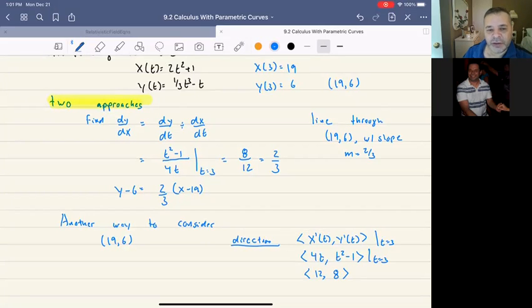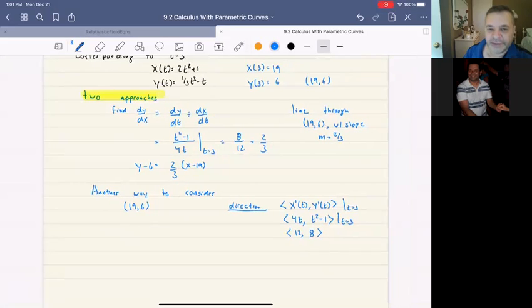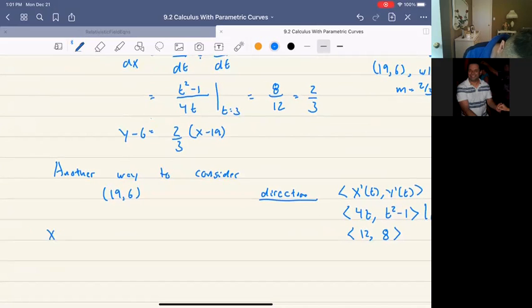So if we want to think of our line parametrically, we could say x of t is 19 plus 12t, y of t is 6 plus 8t.